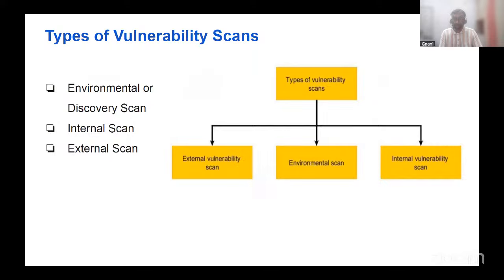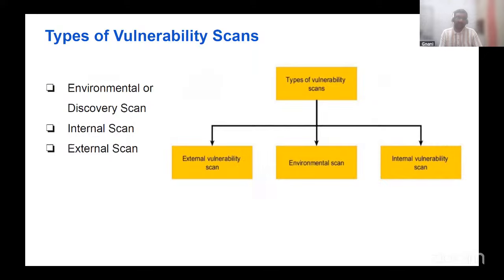So this scan will help us to identify two important things. One is to identify the live assets or active assets, and the second thing is it will help you to identify the new assets which are added into the network. As I said, new employees will join, you will purchase new servers, you will add some more new applications into your network.